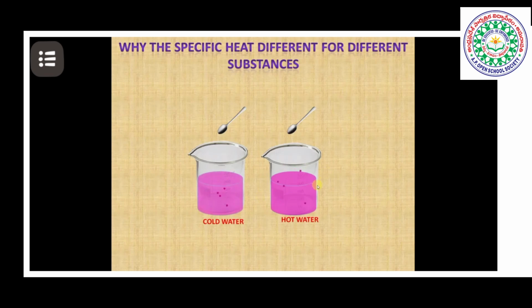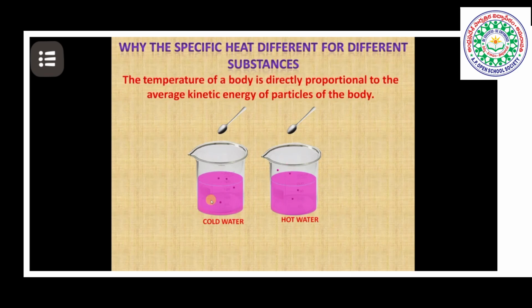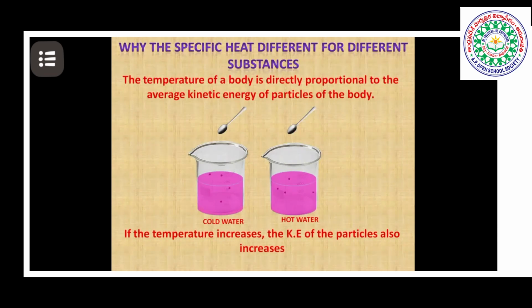This indicates that the absolute temperature of a body is directly proportional to the average kinetic energy of the particles of the body. We already discussed this in the previous class. This means if the temperature increases, the kinetic energy of the particles also increases.